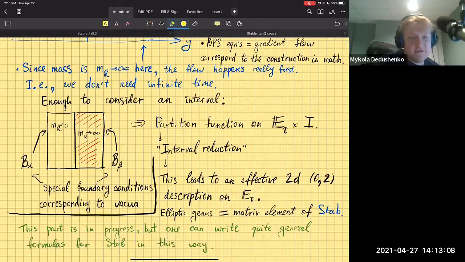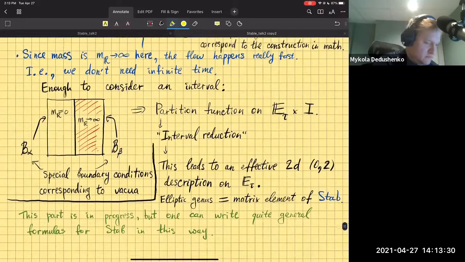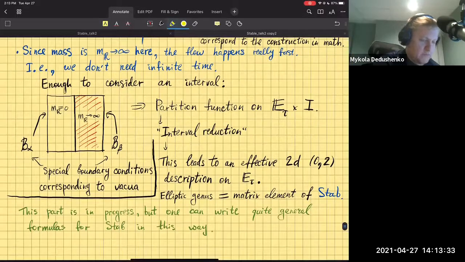This is also a part that's in progress, but in general one can expect to write formulas for stable envelopes in this case using this approach, and it works for things like T star CP^N or T star Grassmannian. We will probably clarify all the details fairly soon.